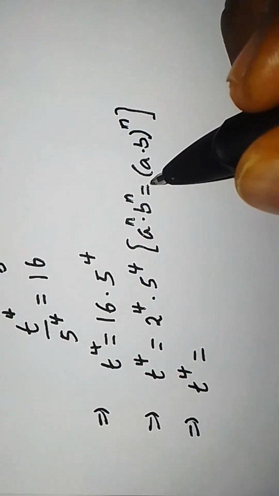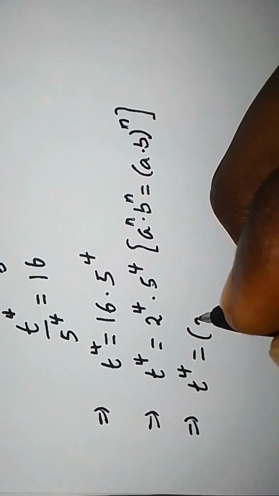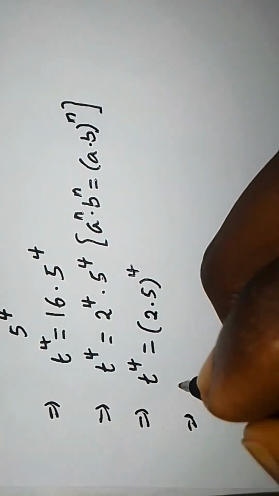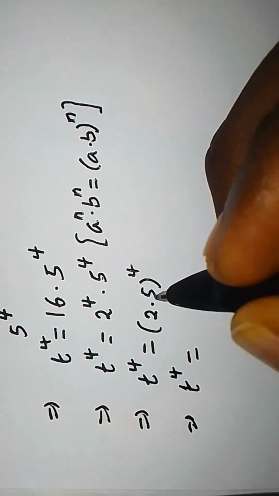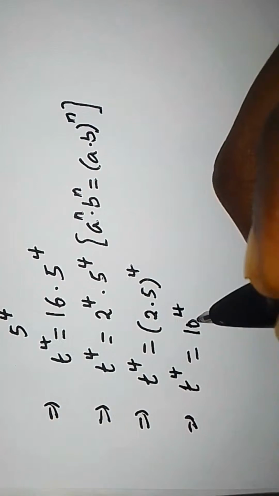Applying this identity, we simply have (2 times 5)^4. So t^4 is equal to 2 times 5, that is 10, to the power of 4.